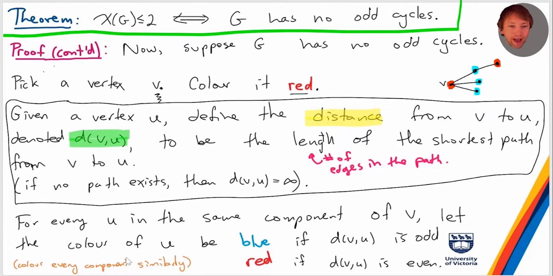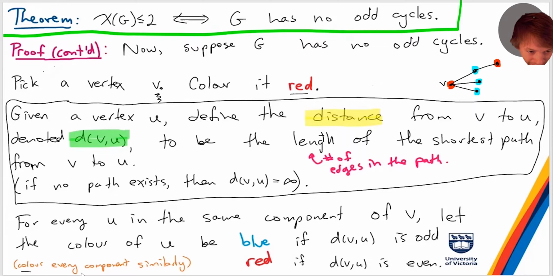What we do is take any vertex in the same component as V, and we give it blue if it's at odd distance from V, and red if the distance from V is even. If the graph is disconnected, we can just repeat this on every component: on every component, we pick a special vertex and define the coloring based on the distance from that vertex. Is that clear?